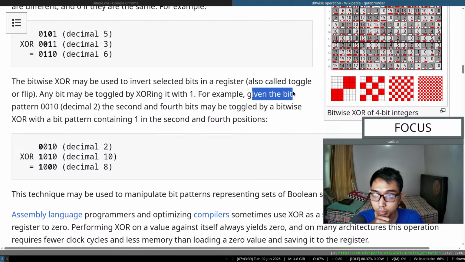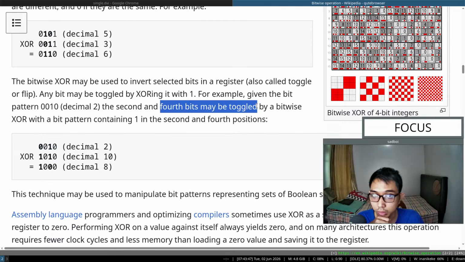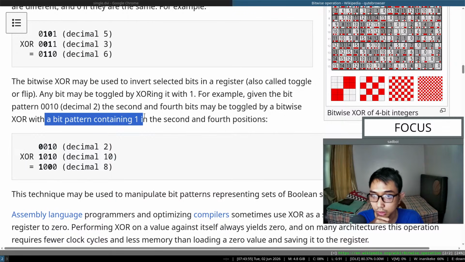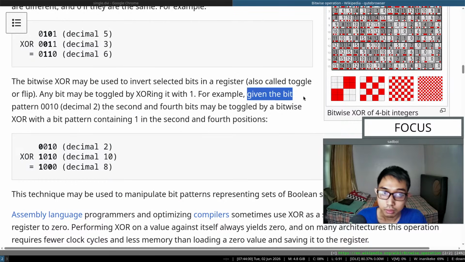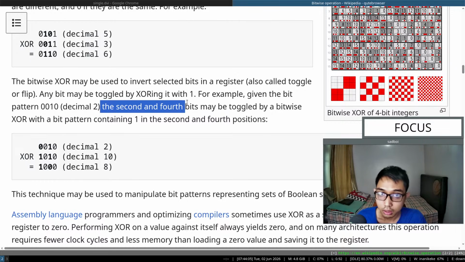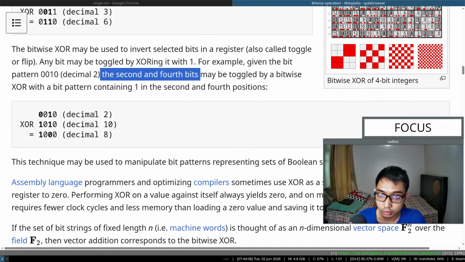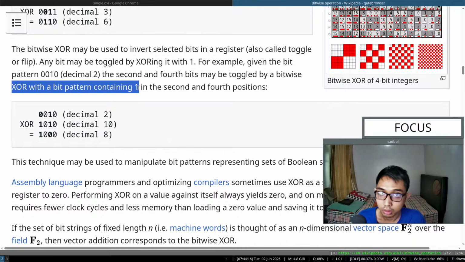For example, given the bit pattern, this one, the second and fourth bit may be toggled by a bitwise XOR with a bit pattern containing 1 in the second and fourth position.